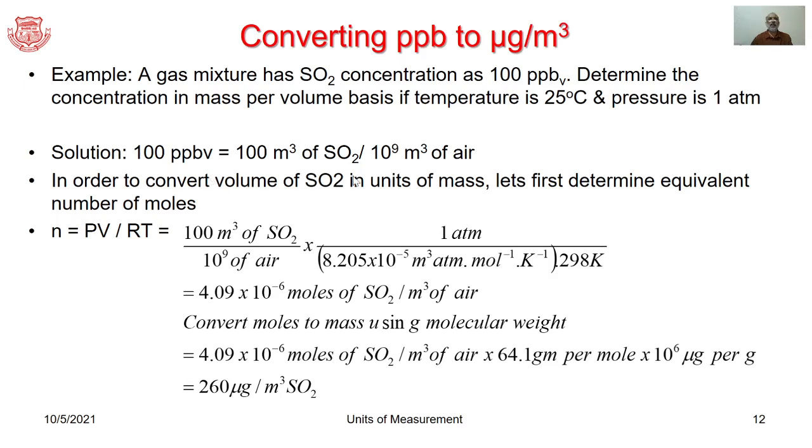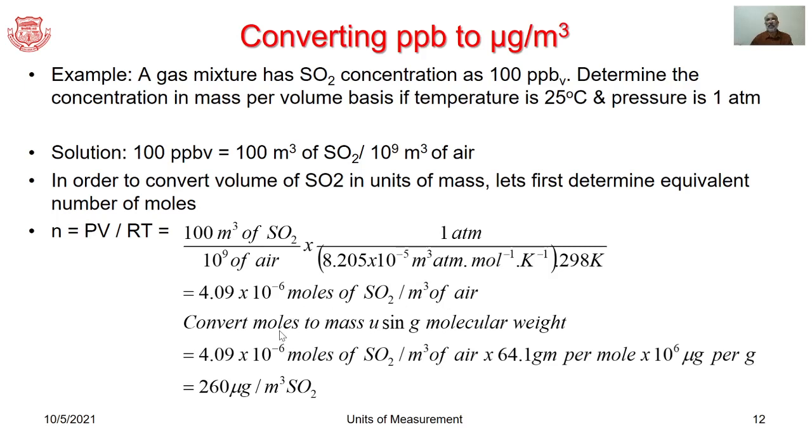So in order to convert this volume of SO2 into units of mass, let's first determine the equivalent number of moles by making use of the expression. As we solve for this particular expression, we get 4.09 into 10 raised to minus 6 moles of SO2 per cubic meter of air.